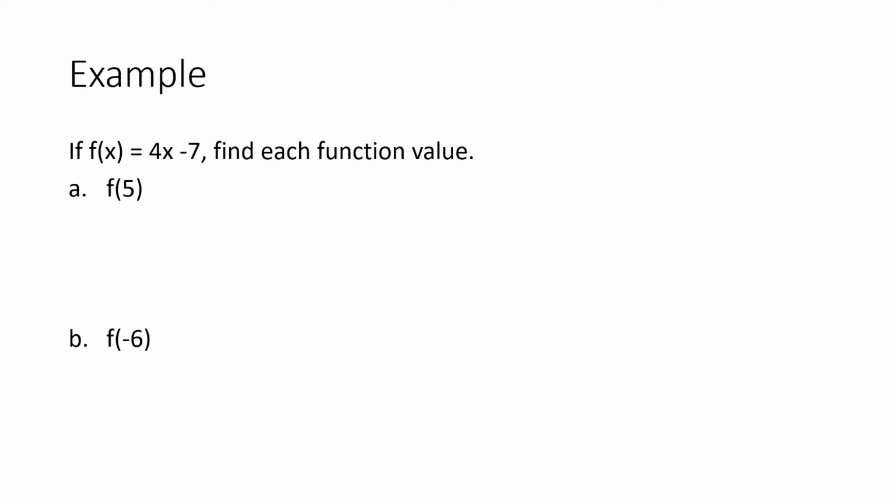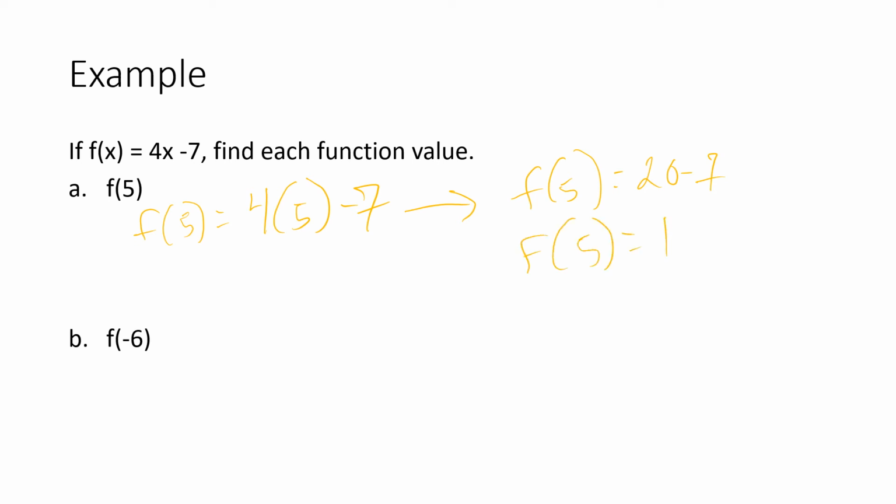So if it's f(5), we're going to rewrite this as f(5) equals 4 times 5 minus 7, which is 4 times 5 is 20 minus 7, so f(5) equals 13. So the function of 5 is 13.